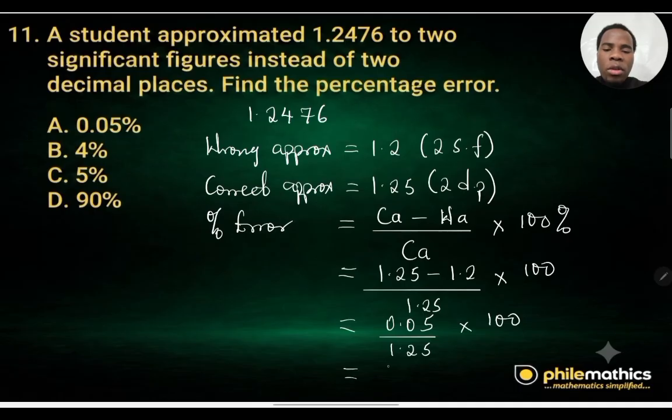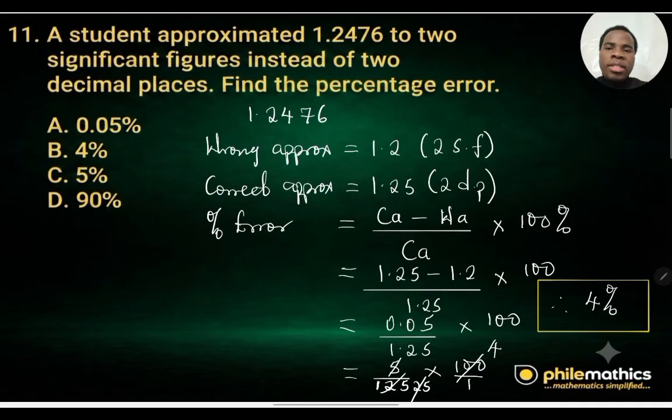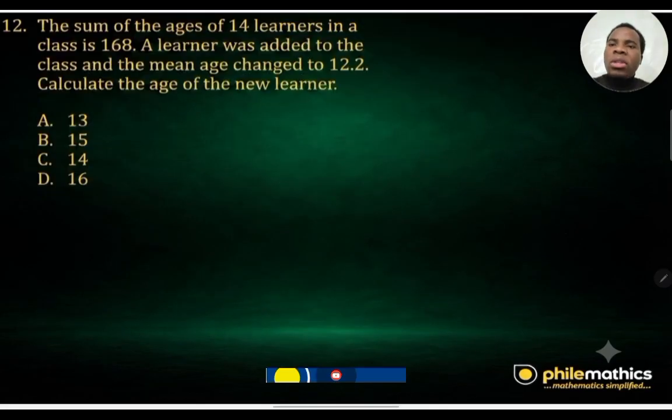And so we'll have 5 over 125 times 100 over 1. 5 can go into 125 25 times, and 25 can cancel 100 4 times. And so it means the error is 4%, which is B.